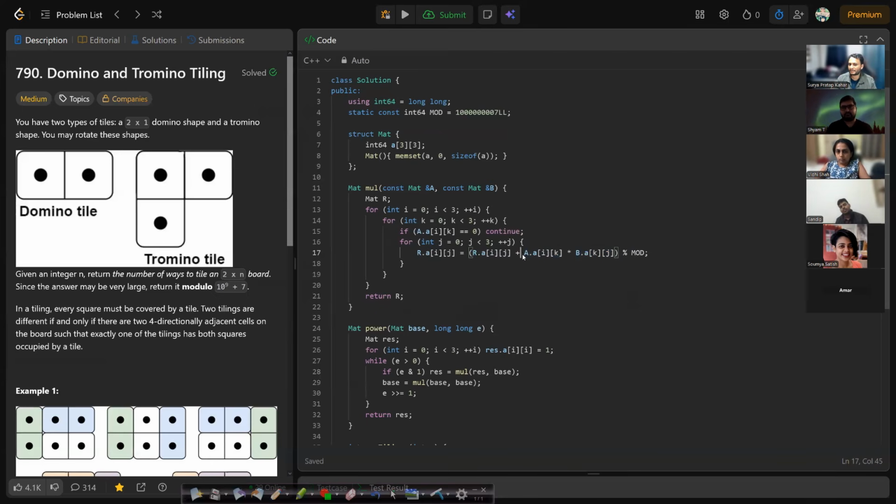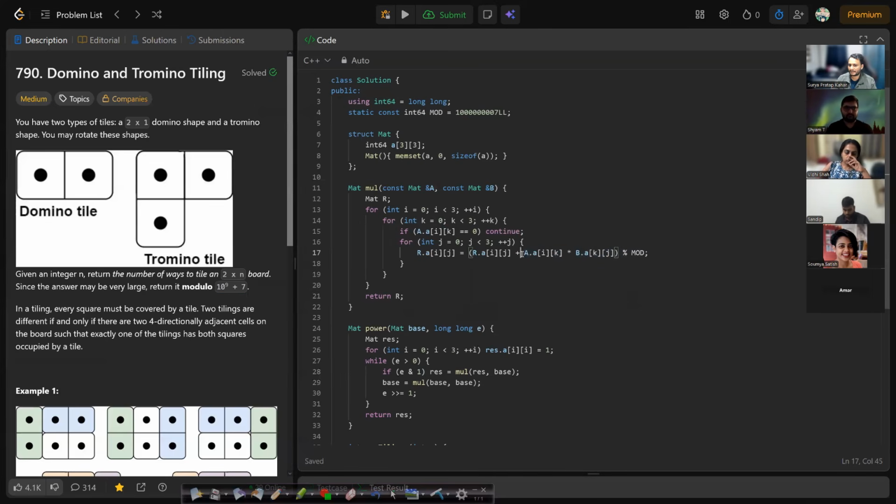But if there are three multipliers, then remember that you have to take mod after every pair multiplication. You cannot have three multiplications going on with this range of values in a 64-bit integer, because values can go to 10 to the power 9, and multiplying three times gives 10 to the power 27, which will definitely overflow.